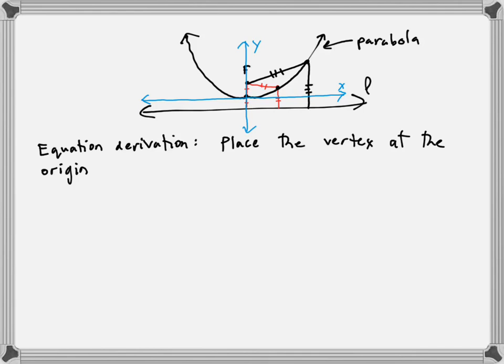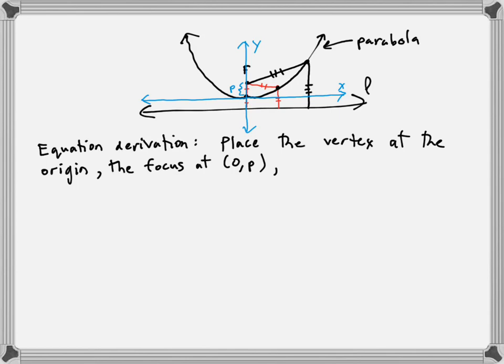Okay? And so where would the focus be? We're going to give that a point. We're going to pretend like this distance right here is p. In other words, now the focus is at the point (0, p).